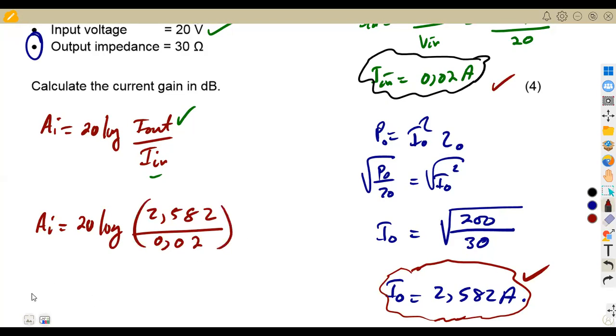That gives us the gain in decibels, which is 42.2185 and so on, which is about 42.2 dB.